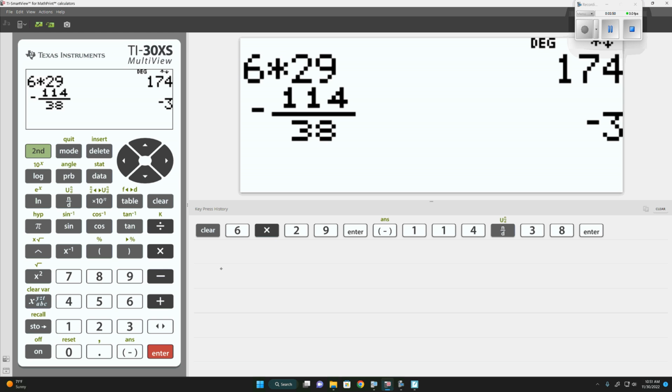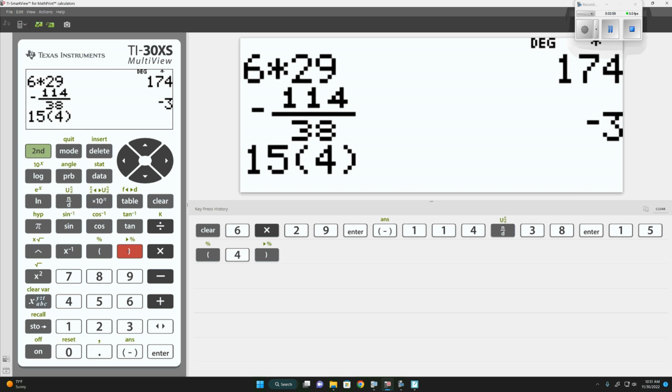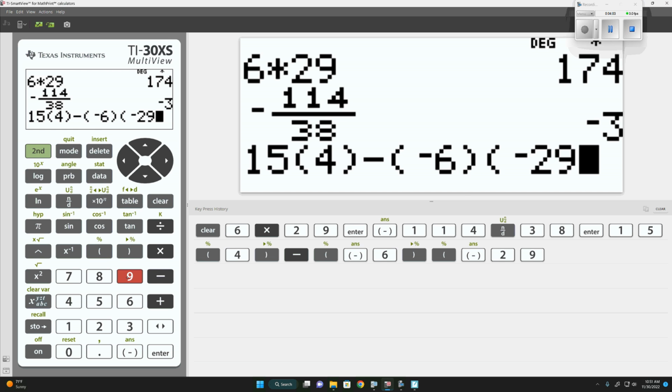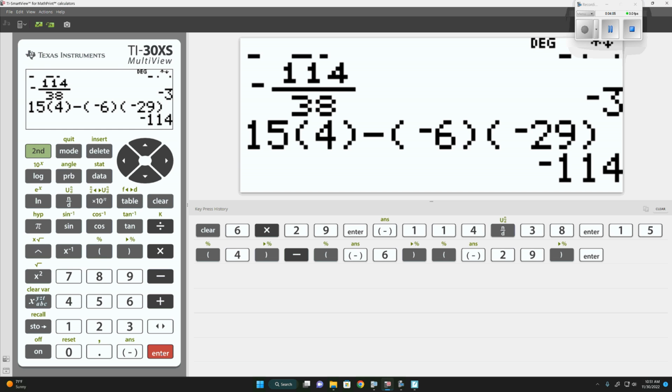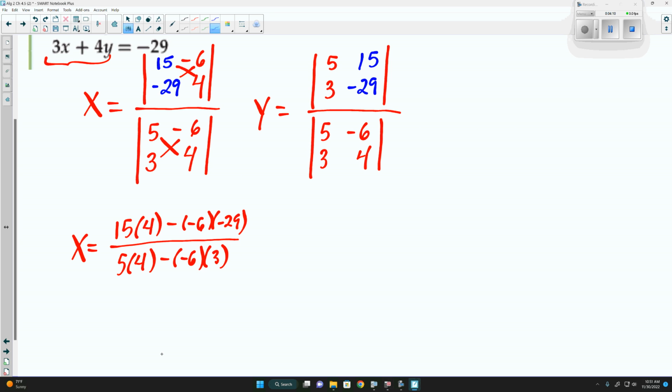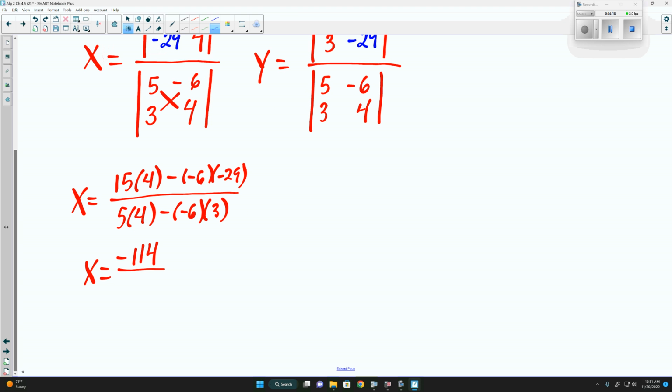Now at this point, we could type this all into the calculator. We could type the numerator, 15 times 4 minus -6 times -29. Then we get -114. So the numerator for x is -114.